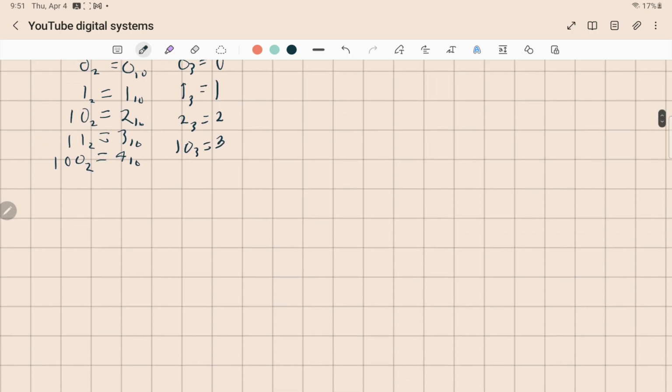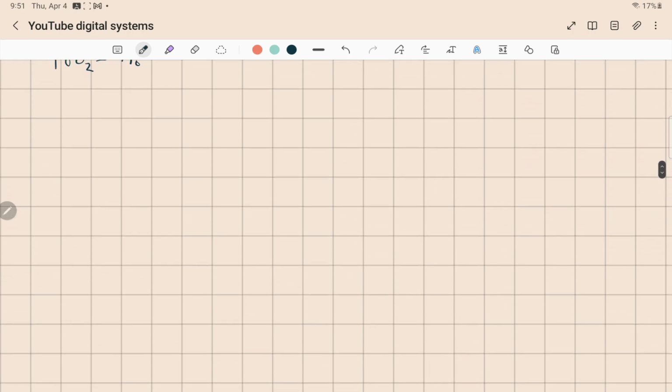Sorry about my handwriting, but hopefully this will be clear. Okay, now we're going to go over converting from different bases.